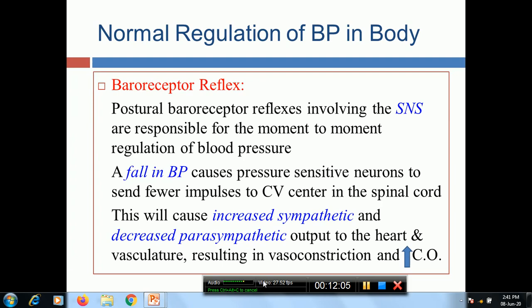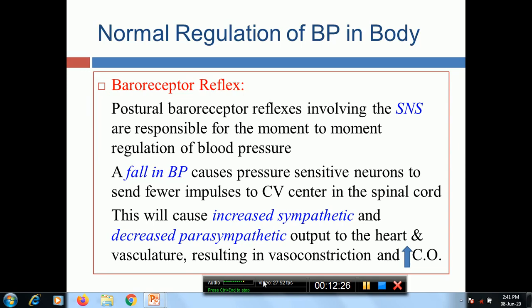Regulation means to keep the process at an optimum level. For example, if the normal blood pressure is around 120 by 80, that means baroreceptors are working properly.